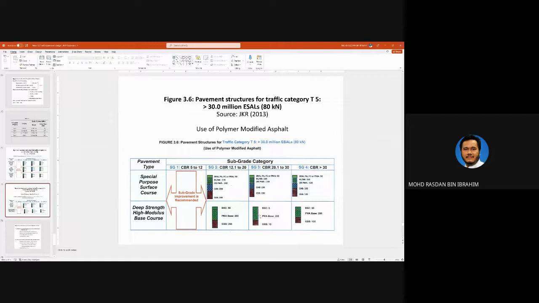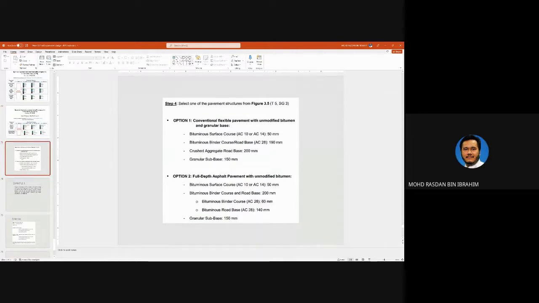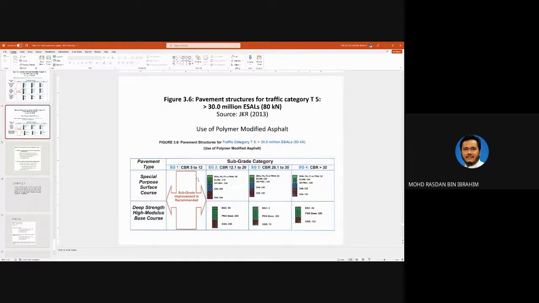This is very expensive because the base is being modified with polymer modified bitumen. Once you get into the realms of polymer modified bitumen, then the cost is very high. Okay. All right. So you can choose, either one. Option 1, option 2, and the polymer modified here. It is not mentioned in this example.